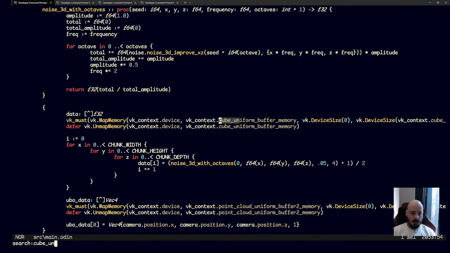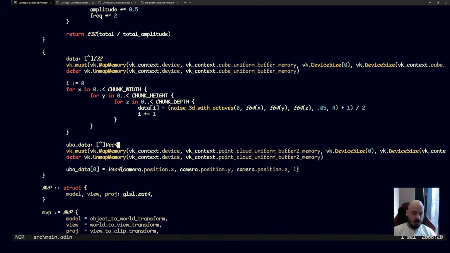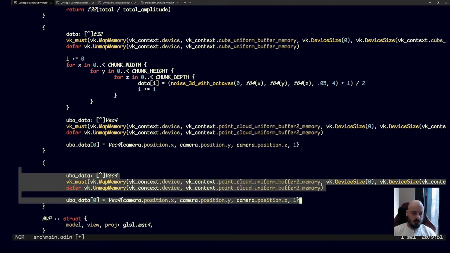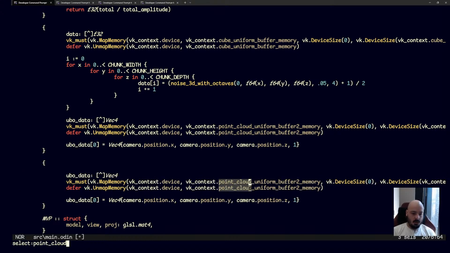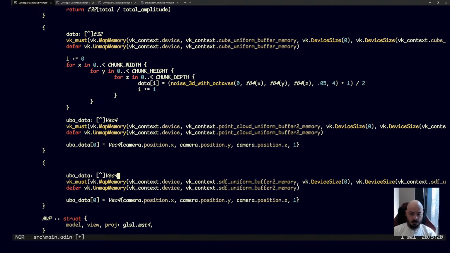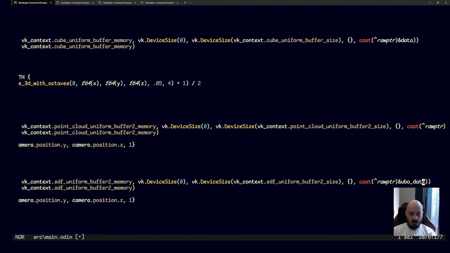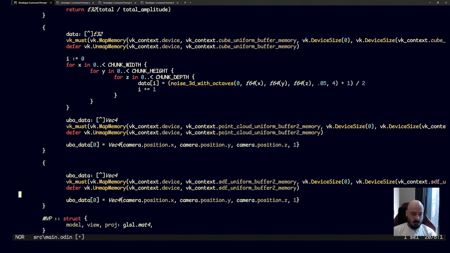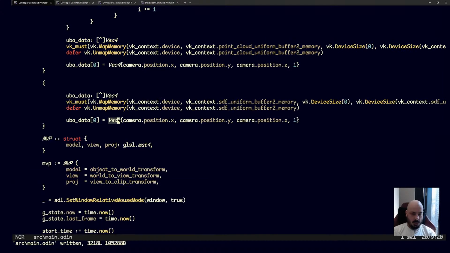But we can see we've got here point cloud uniform buffer 2. Copy this. Change point cloud to SDF. This has to be SDF data, I guess. Actually, that's fine, that's actually already correct. I don't know why I put a 1 in here. I was probably doing something with that.